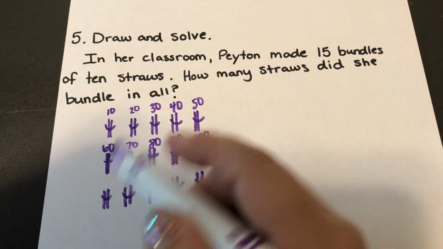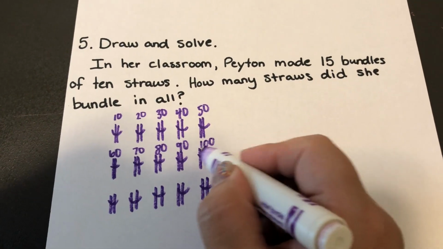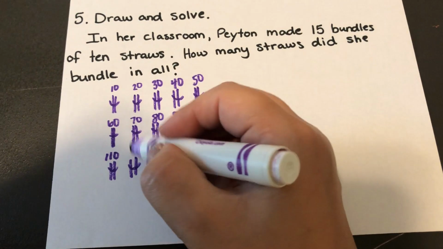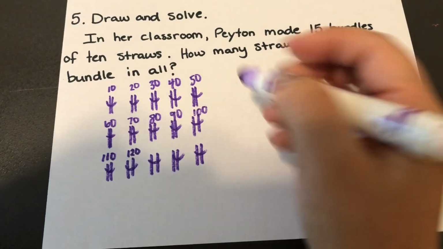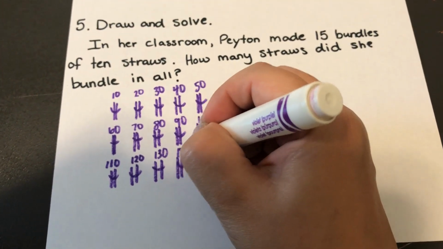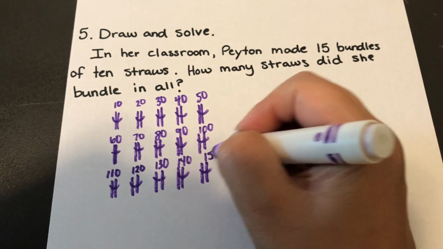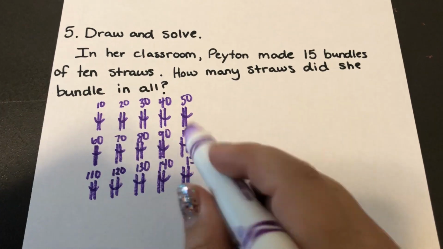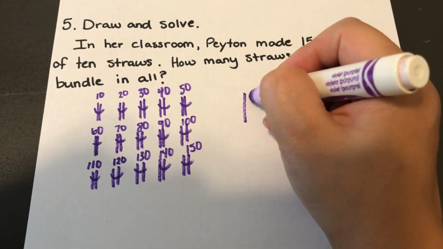Still have a few more 10s. All right, so if I have 100 and I add 10 more, now I'm at 110, 120, 130, 140, 150. All right, so how many straws did she bundle in all?